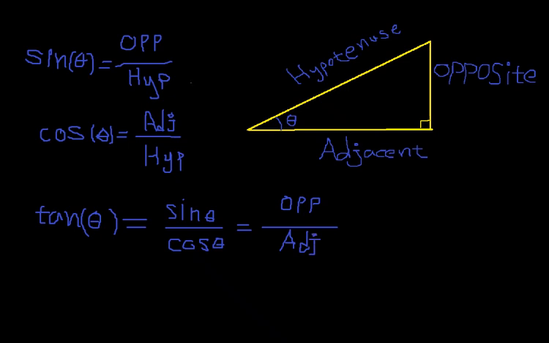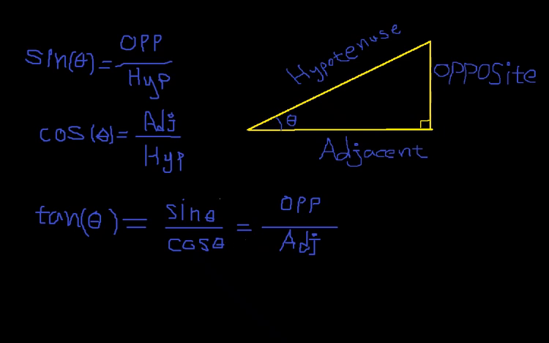These two hypotenuse will cancel out, so what remains is the opposite divided by adjacent. So this means tangent is opposite over adjacent. Cotangent is the same but reciprocal, adjacent divided by opposite, which is not very useful.